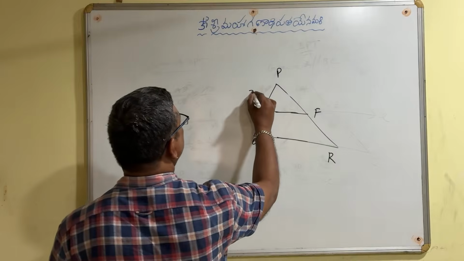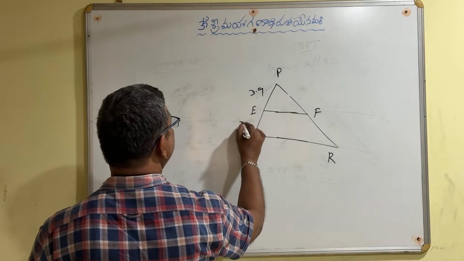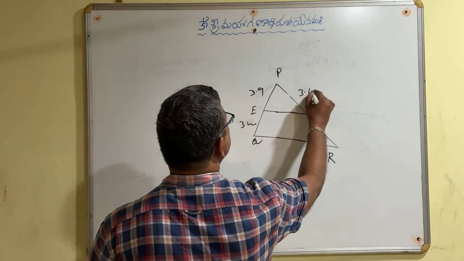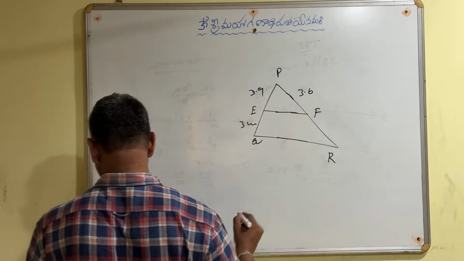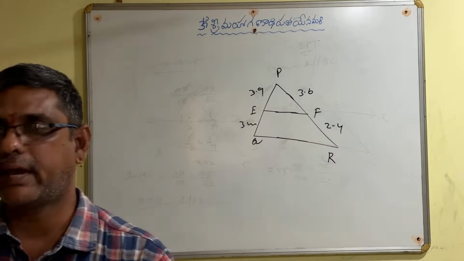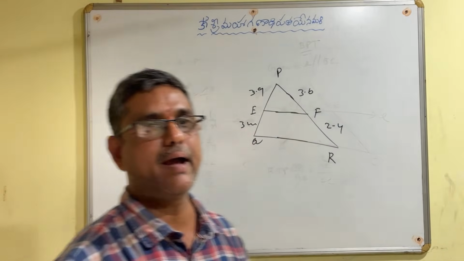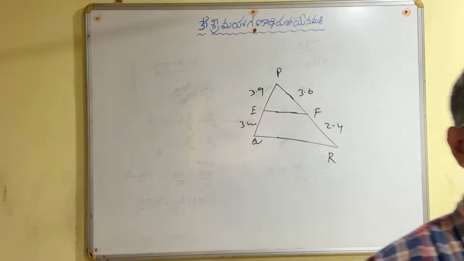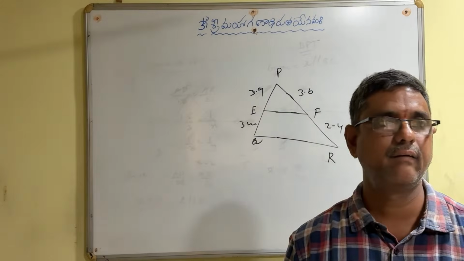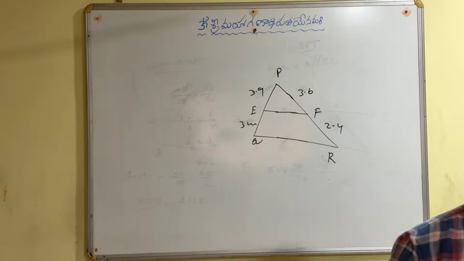PE is given as 3.9 centimeters, EQ 3 centimeters, PF 3.6, and this is 2.4. Now, we need to verify whether EF is parallel to QR or not.